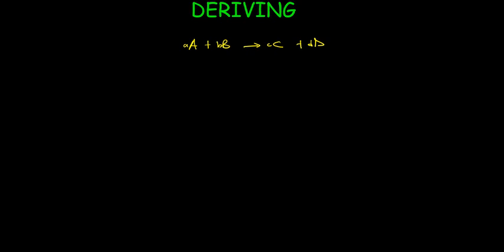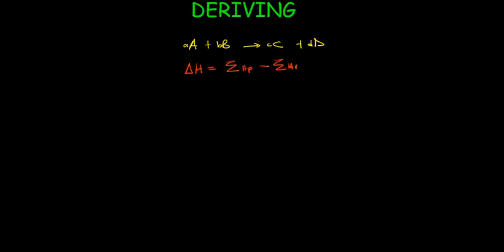So the change in enthalpy of this equation will be written as the summation of the enthalpy of products minus the summation of the enthalpy of reactants, like that. So that's how we'll find it.